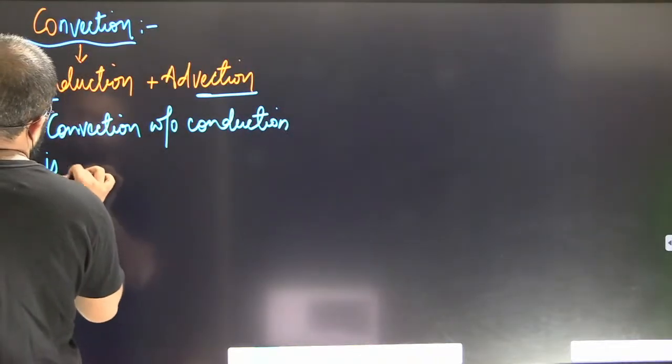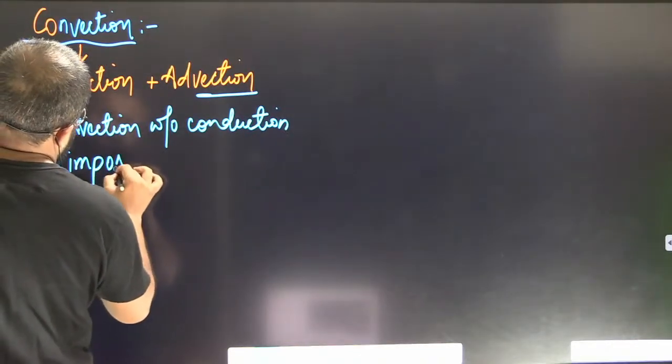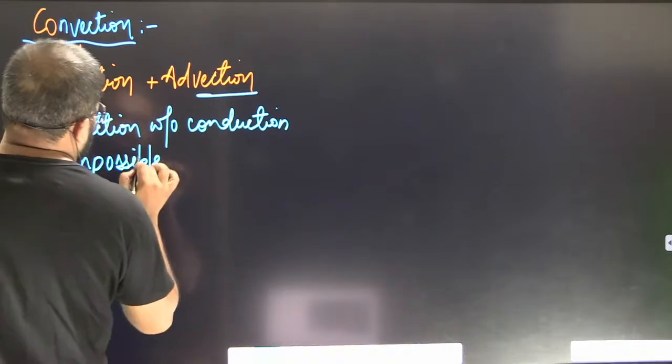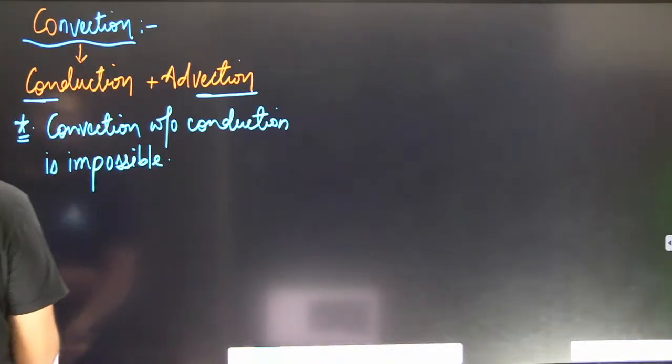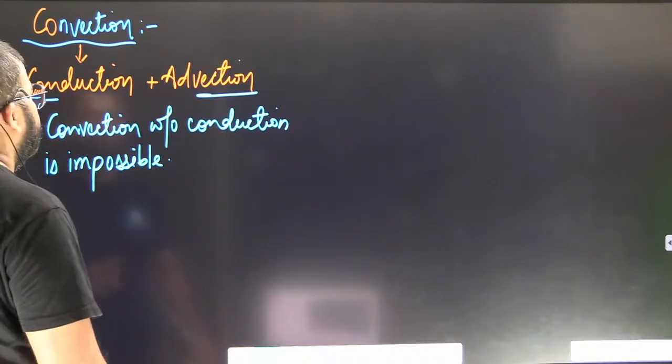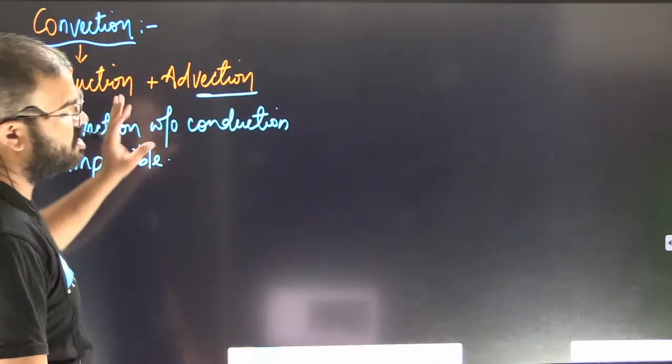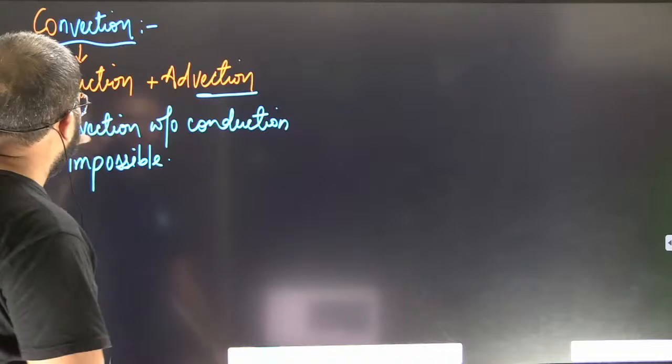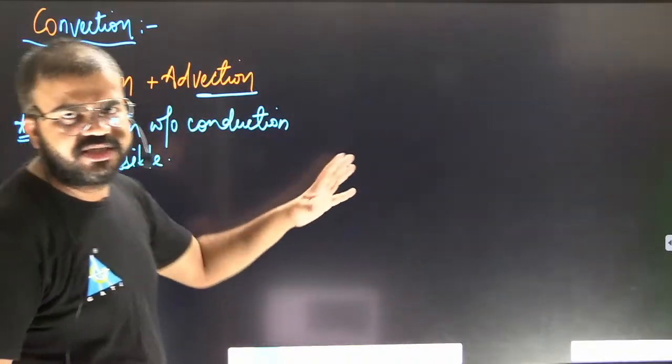Am I right? Of course I am. So we cannot have convection without conduction. For convection to occur, there must be conduction, and advection is also there.